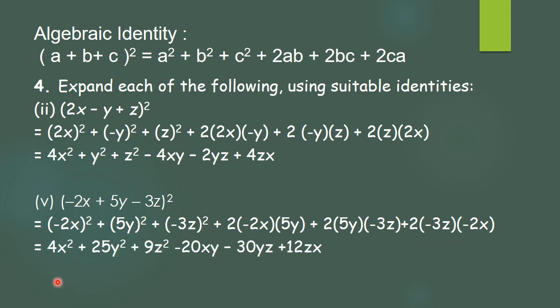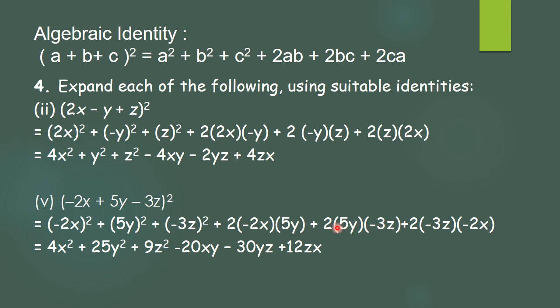Now (-2) square is plus 4, so it will become 4x square. 5 square is 25, so it will become 25y square plus 9z square. This is 5 2s are 10, 2s are 20, so it will be minus 20xy.